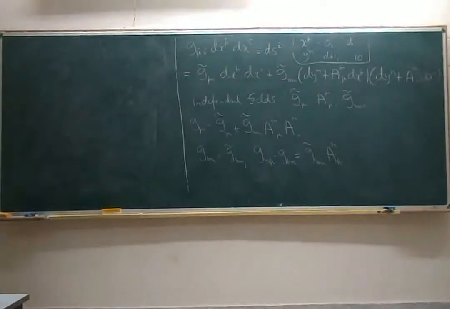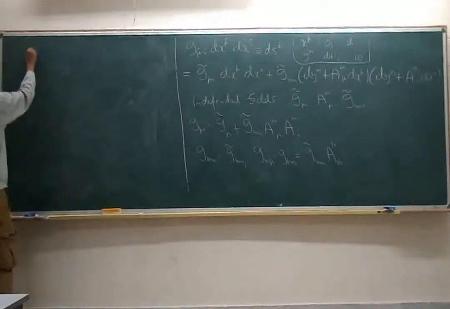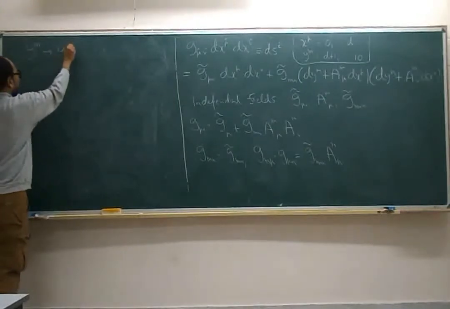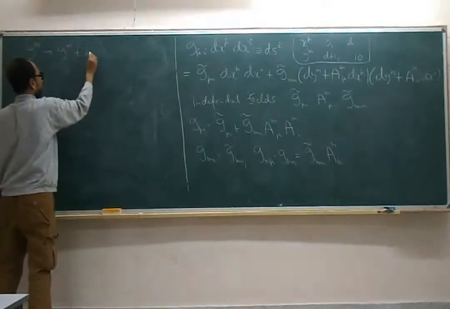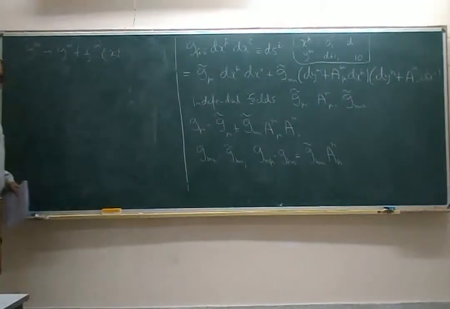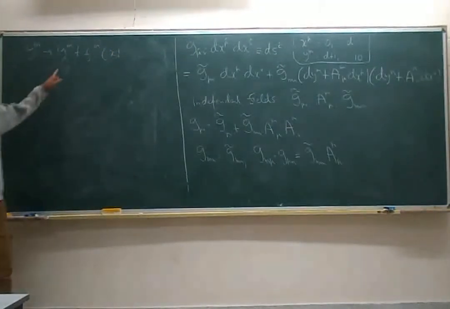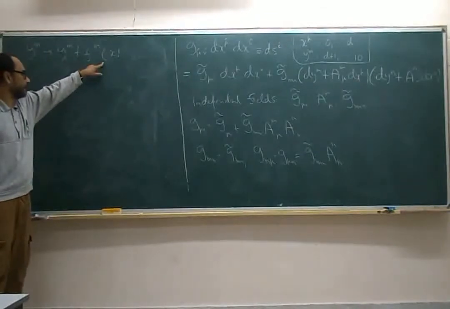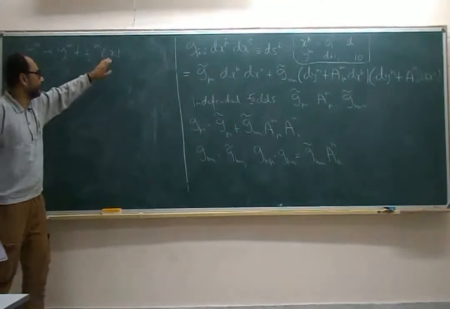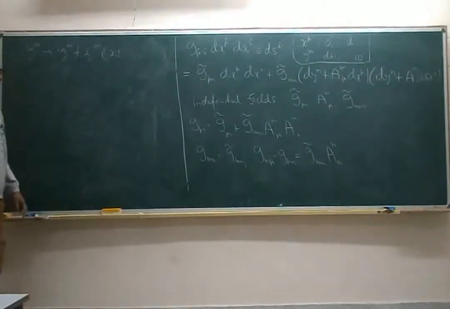So, there are two kinds of coordinate transformation that you can take. One is y m going to y m plus some function f m of x. Notice that the transformation parameter depends only on x. This is one class.